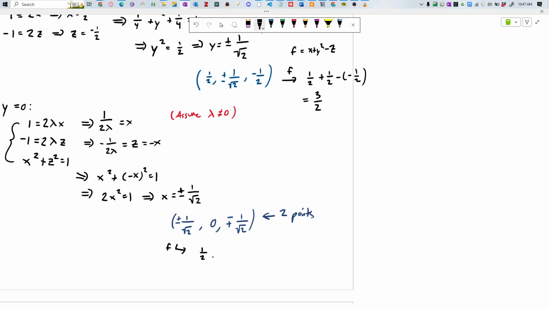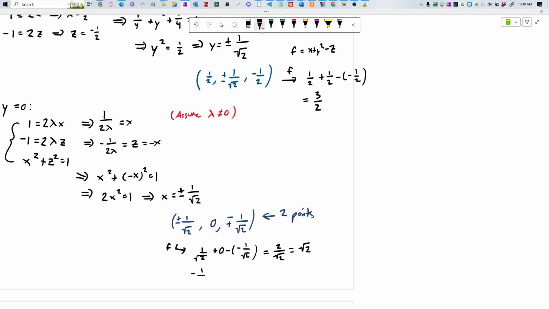I guess I'll split it into two different cases. So we have root 1 over root 2 plus 0 minus negative 1 over root 2. So that is 2 over root 2, which simplifies to root 2.